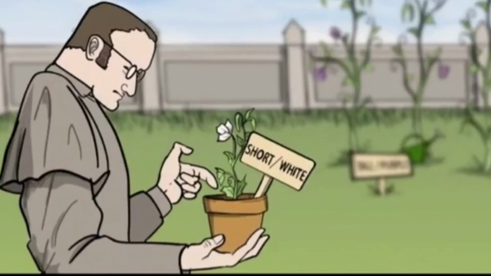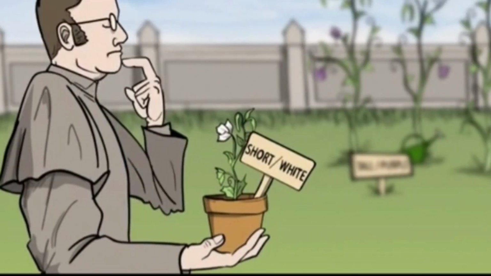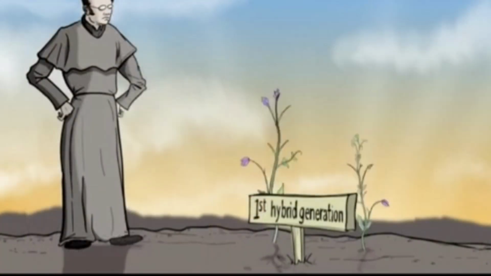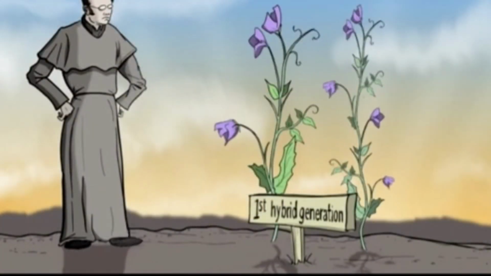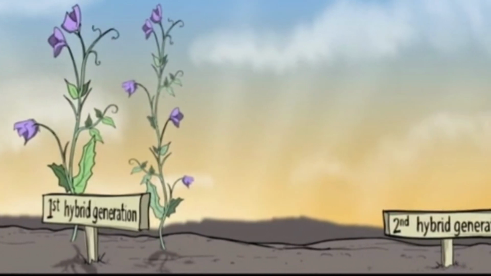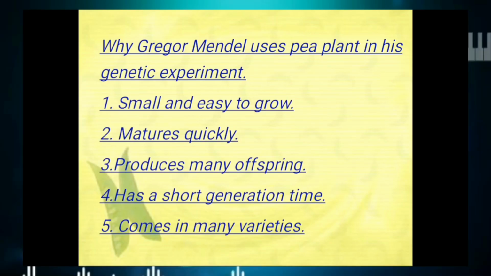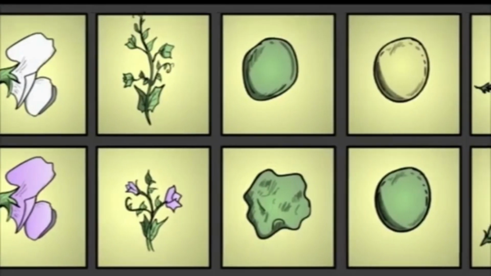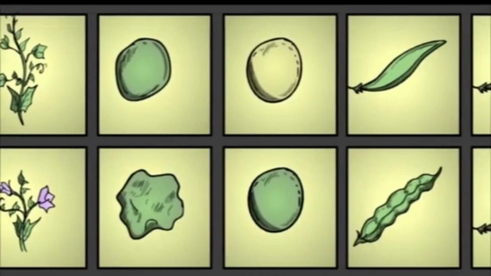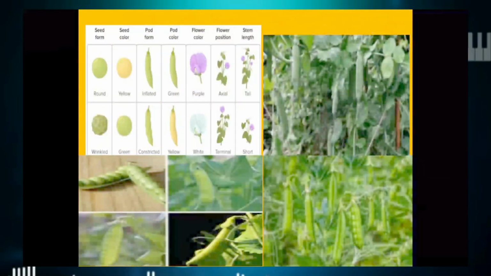It generates over a short period of time. The pollination for this plant can be controlled, either self-pollination or cross-pollination. It also comes in many varieties. These are the examples of different varieties.